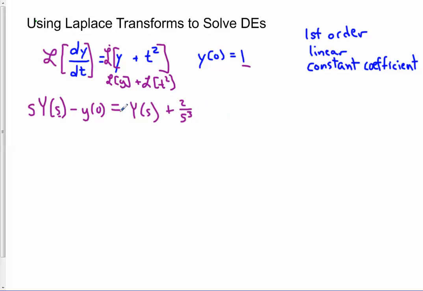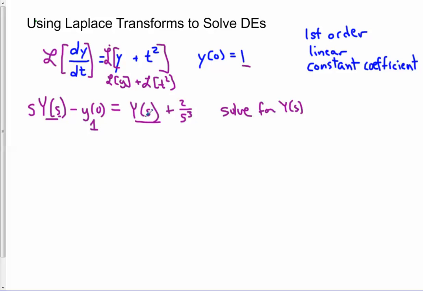So now all we have to do is solve this equation for Y of s. You notice it shows up in two places, so we are going to have to get them over on one side together and solve. By the way, I already mentioned that we have the initial value y of 0 equals 1, so we can put in a 1 right there.